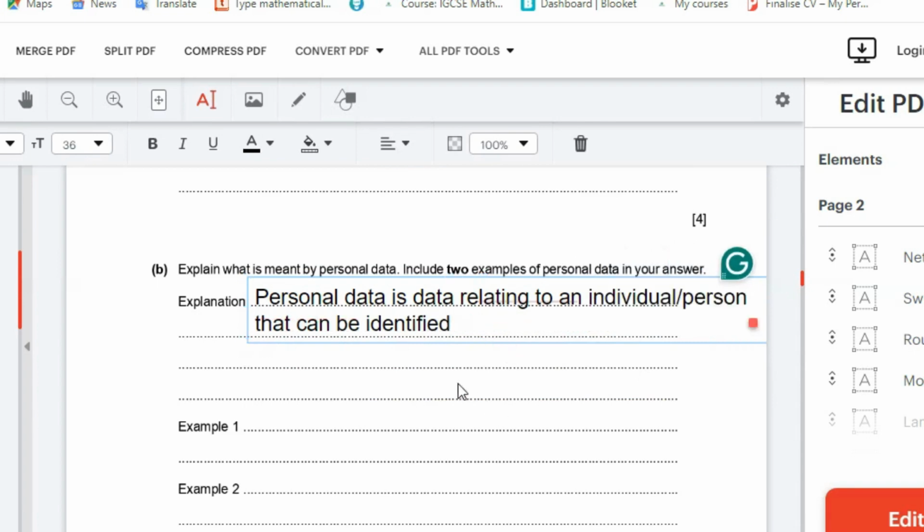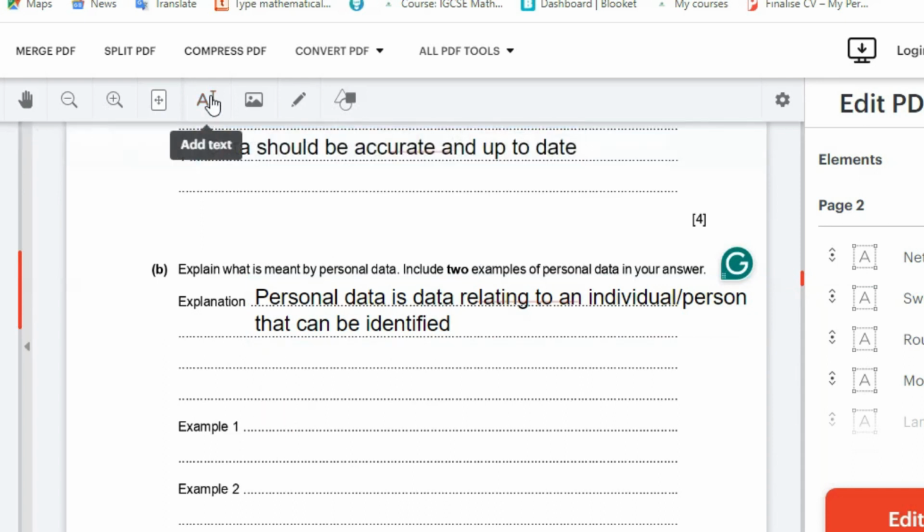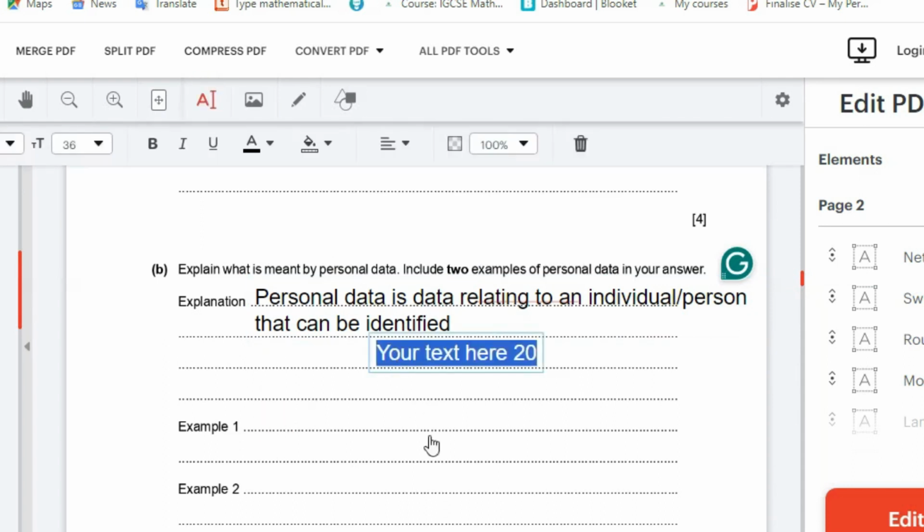So examples of personal data include your name. Like if I say Ahmed, or if I say Juan, all those are personal data. Your name is your personal data.